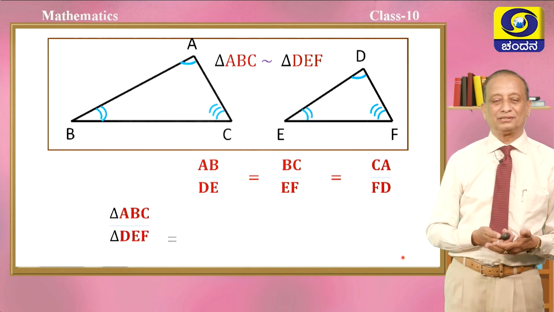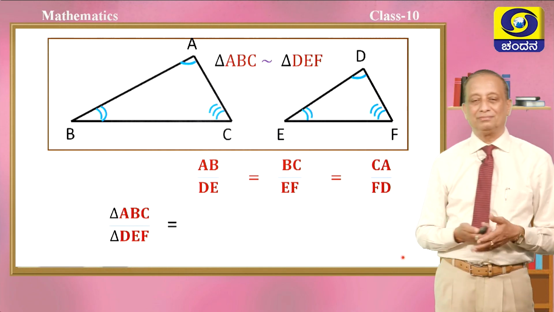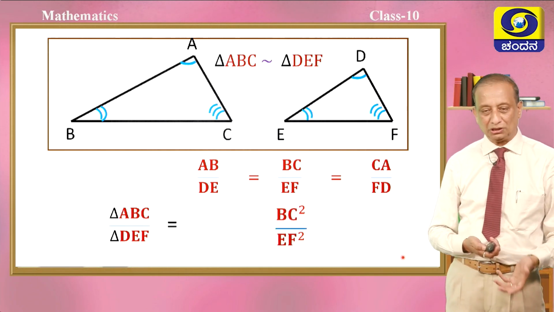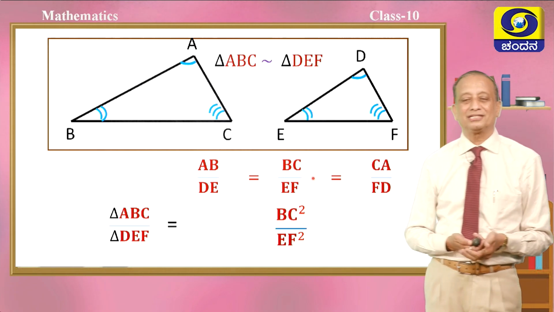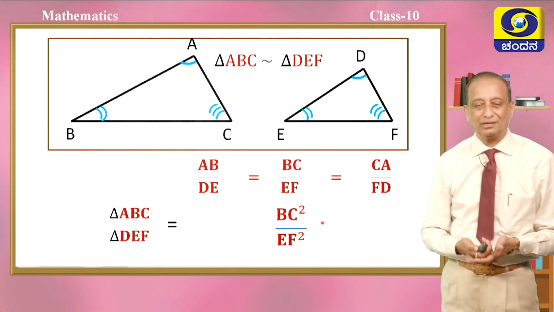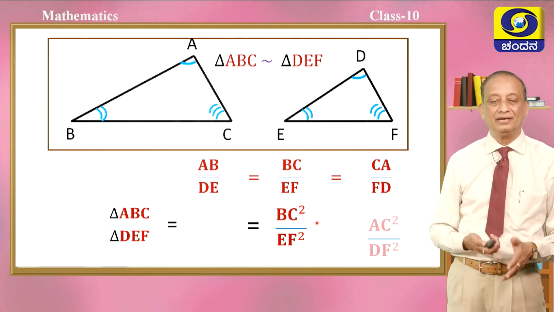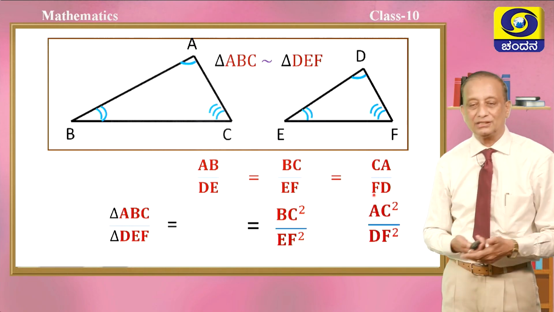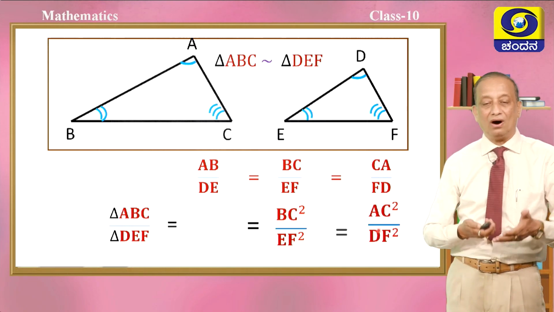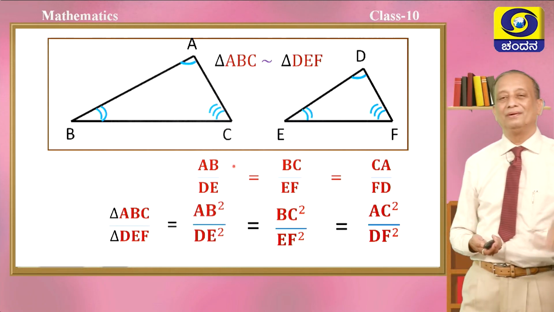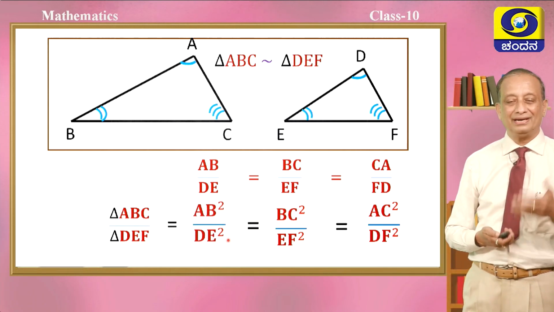We have also understood that areas of similar triangles are proportional to squares on their corresponding sides, that is BC square by EF square, or it is equal to AC square by DF square, or it is also equal to AB square divided by DE square.